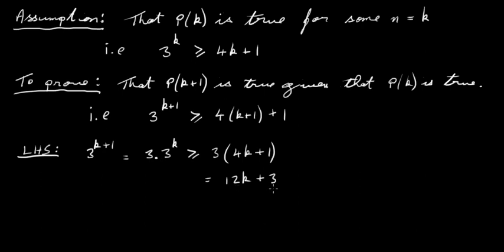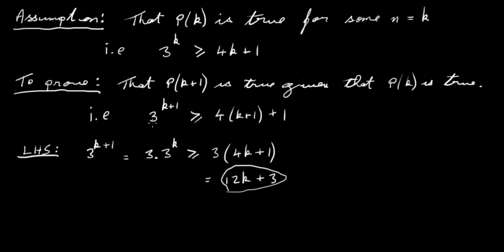The trick here is to show that, remember, this is what we want to prove here. So is this thing here greater than the right hand side of what we want to prove? If it is, then 3 to the power of k plus 1 will be greater than 4 times k plus 1 plus 1. In other words, this is kind of a term in the middle here.